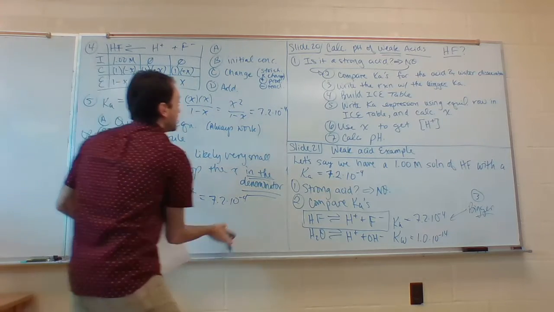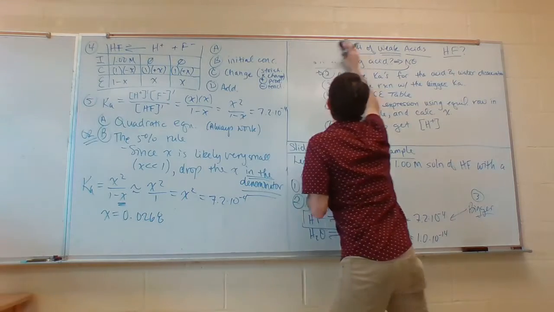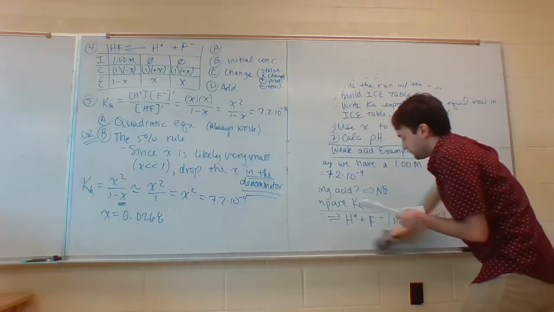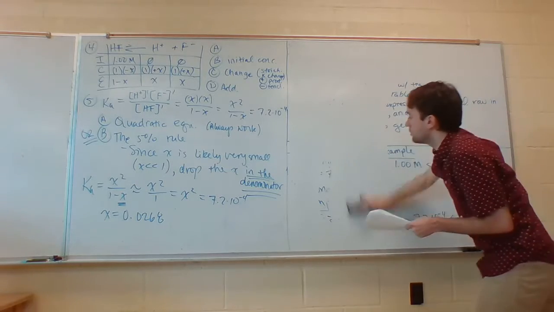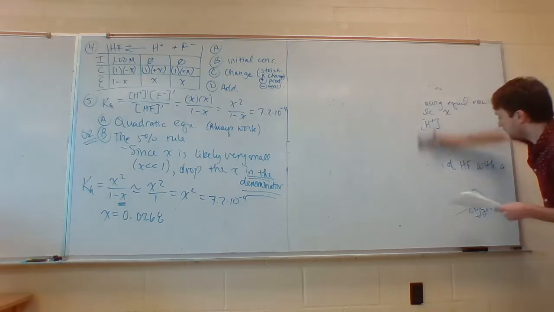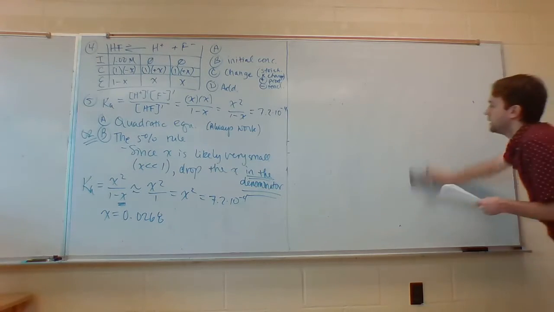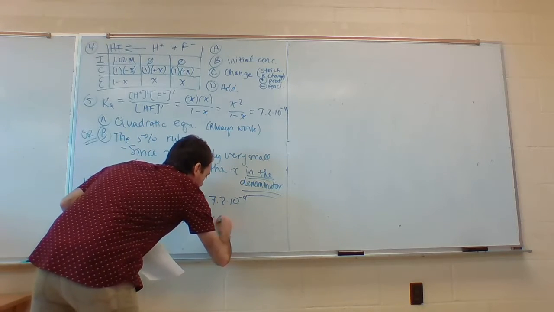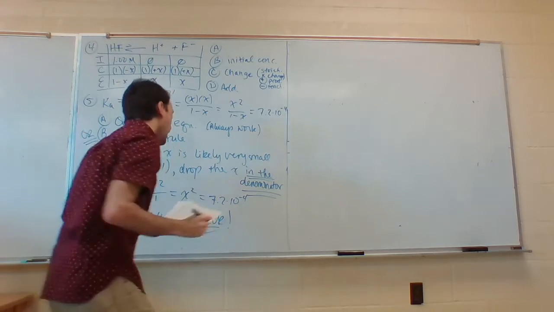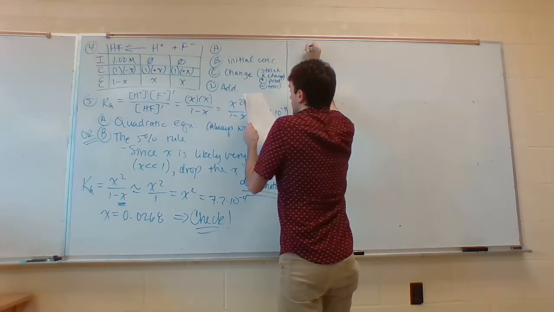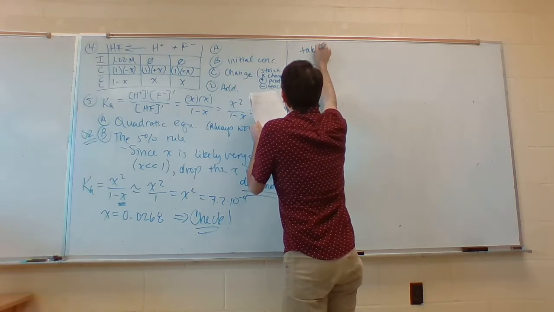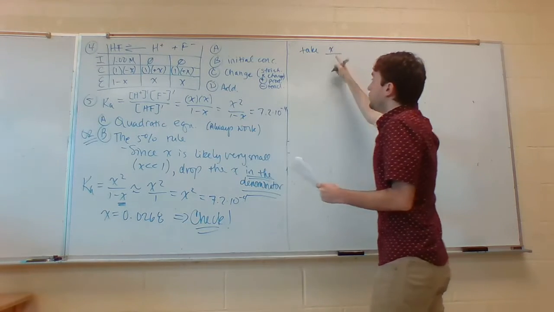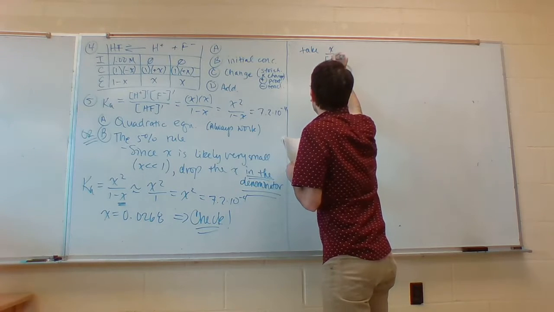Now, as I said, if you do the 5% rule, you have to check. Well, how do we check it? What we're going to do to check is we're going to take our x that we got and put it over our initial concentration.